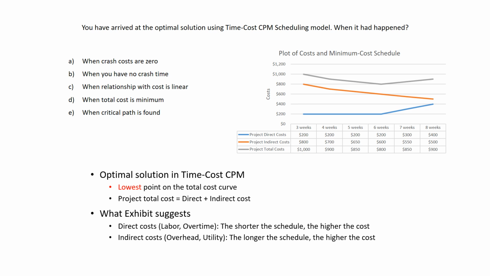When you see the gray, we see a lowest point, right? It is when we can identify the minimum total cost, which is $800. So when we find the answer at D, the total cost is minimum.